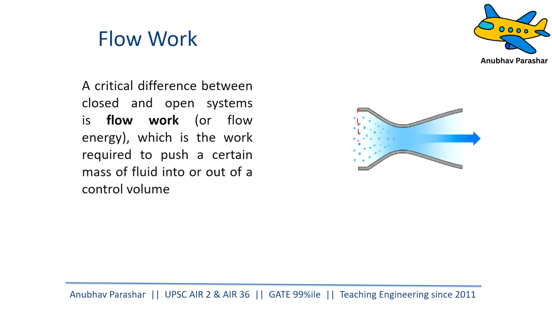Let me say this is the control volume, our open system, which we are going to study. So basically, this is a converging diverging nozzle. We'll learn about it properly later on. Now, suppose this is the amount of mass that is about to get in. So we have certain mass of fluid, which wants to get into the nozzle. So this is mass going in.